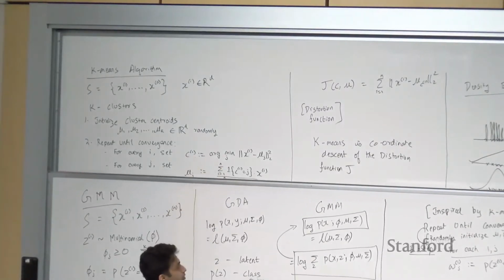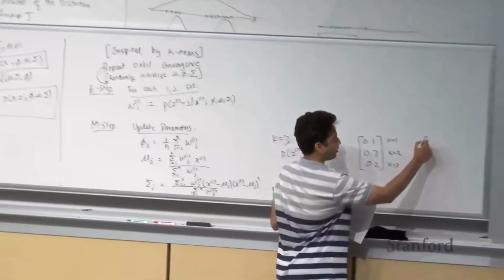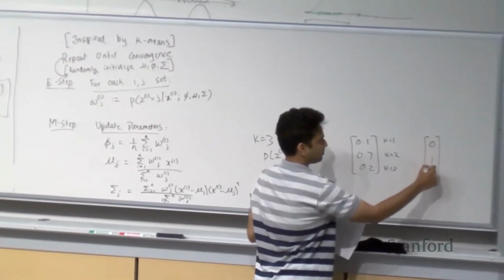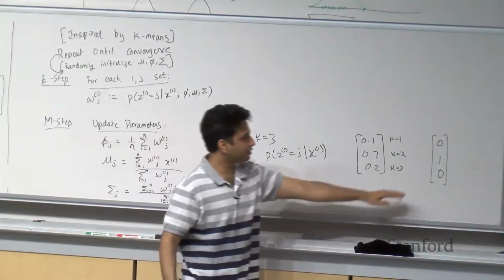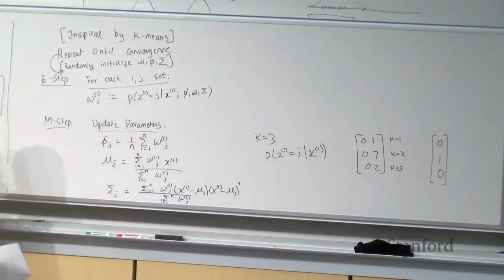You can think of k-means as a way in which we calculate a posterior distribution that is always one hot. If we calculate these kinds of posterior distributions, then we effectively get k-means out of GMMs.